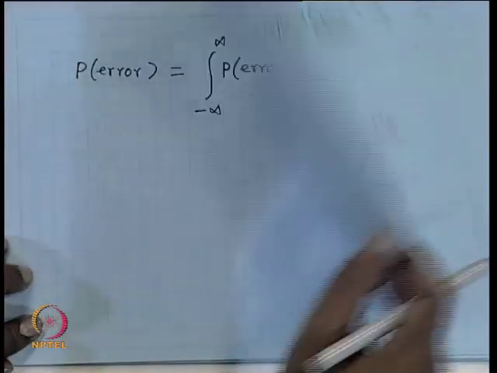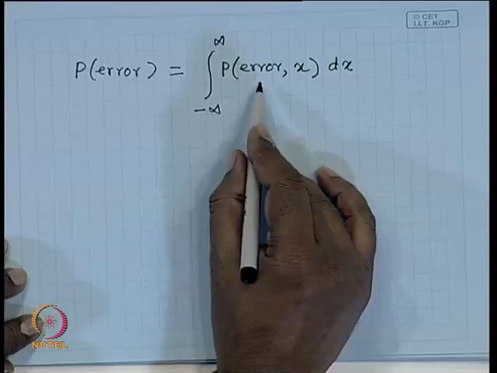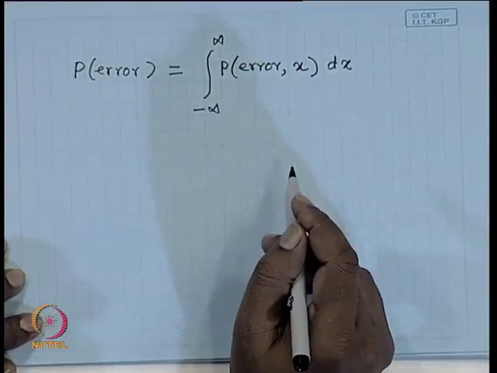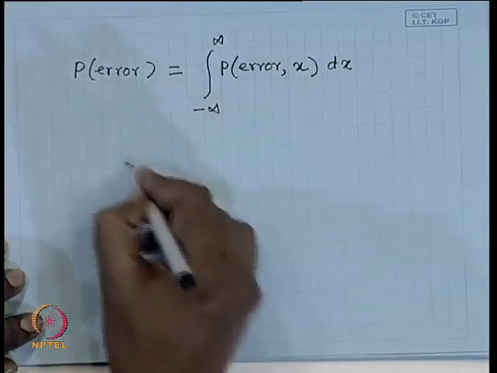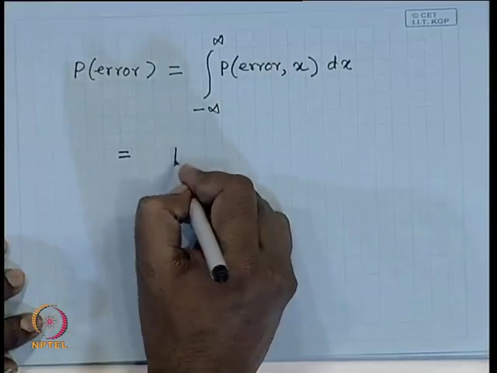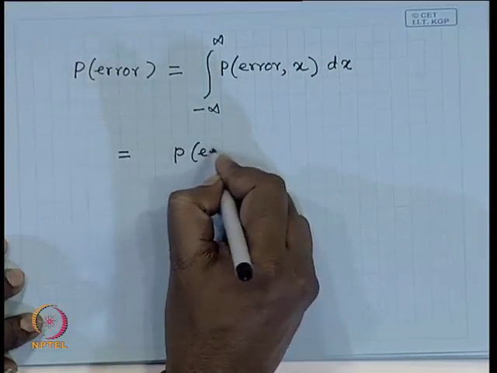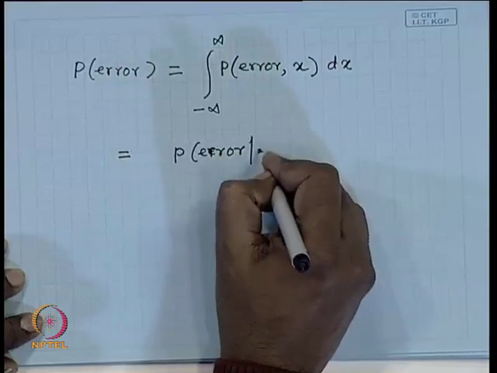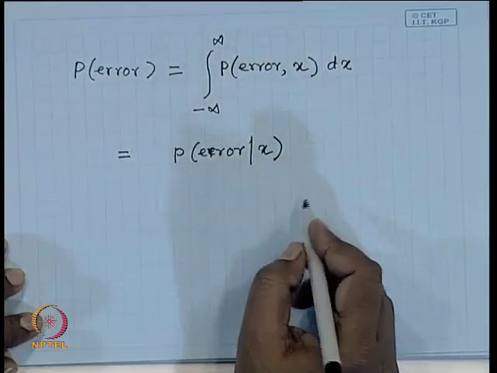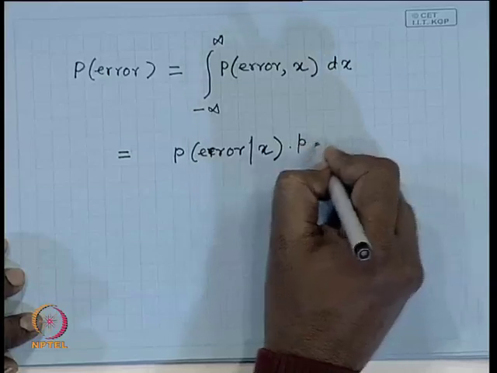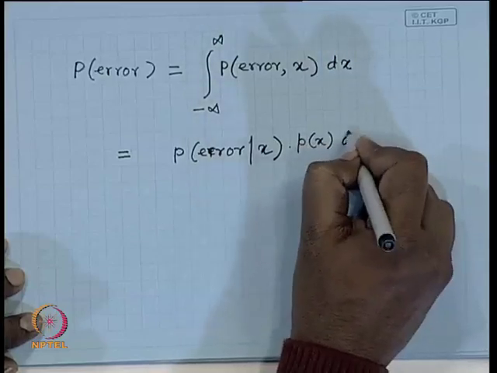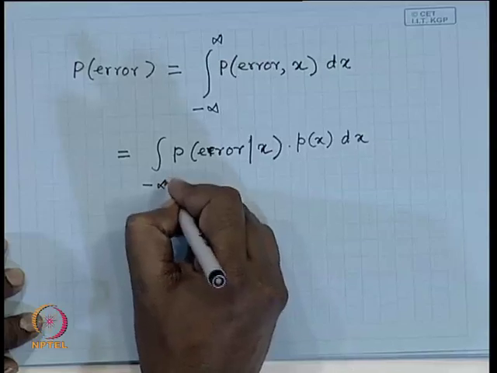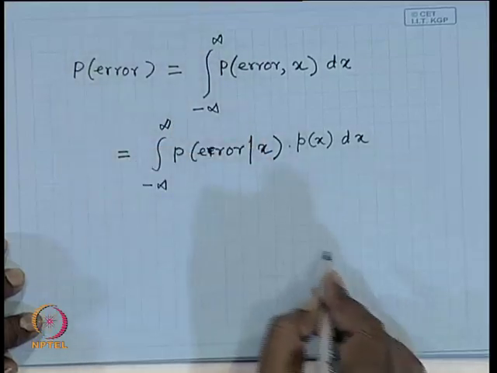Okay. So, the total error P error will be given by the joint probability P error given x dx, integral from minus infinity to plus infinity, which is nothing but P error conditional on x, P error given x into P x dx, integral from minus infinity to plus infinity.